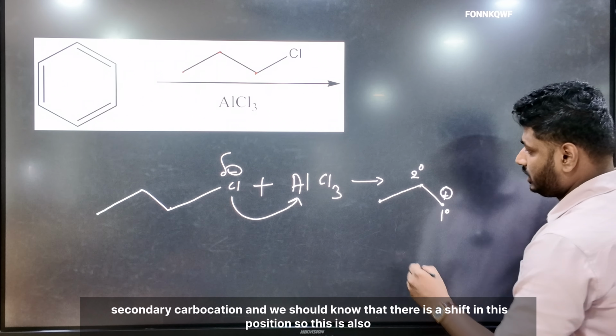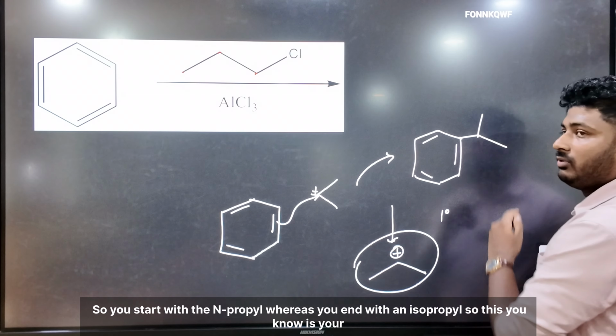Now this becomes my intermediate, which means when I take my benzene, now I have my carbocation in this way, so this will go here and your product will look something like this. So you start with the n-propyl, whereas you end with an isopropyl.